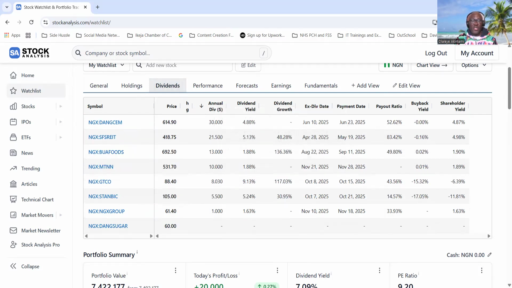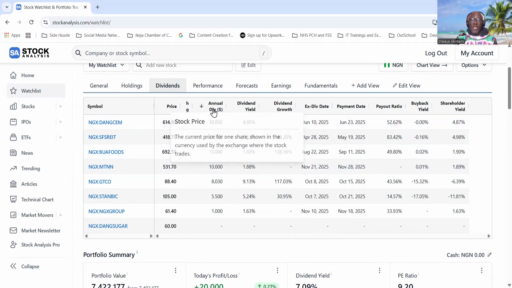Again, you can arrange it with the one that paid the highest dividend. The one that pays the highest dividend is Dangote Cement, in the case of my own stocks. Remember, all the stocks you are looking at here are the stocks I own, and I have entered them myself, and then put in the number of stocks that I own and the average price, and all other information has been pre-populated for me by this tool.